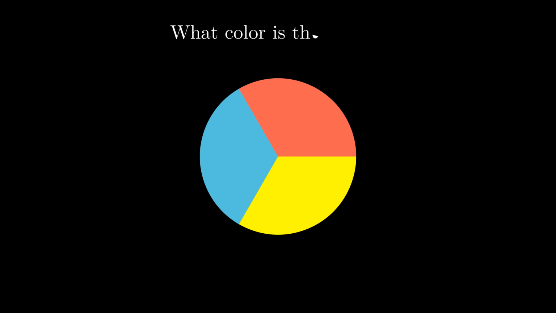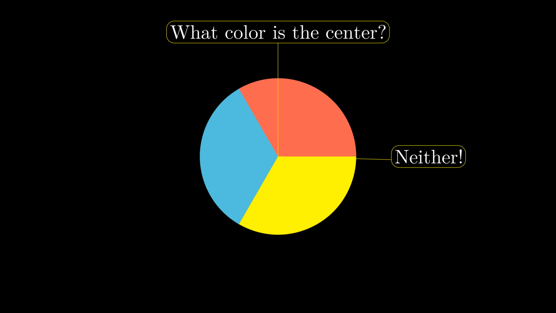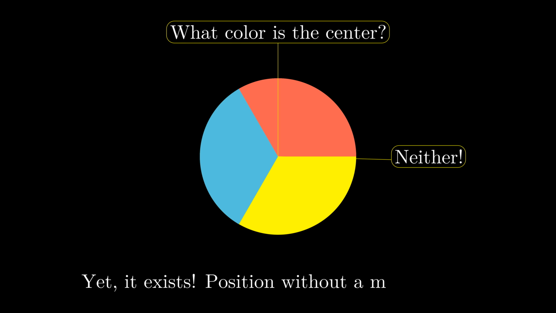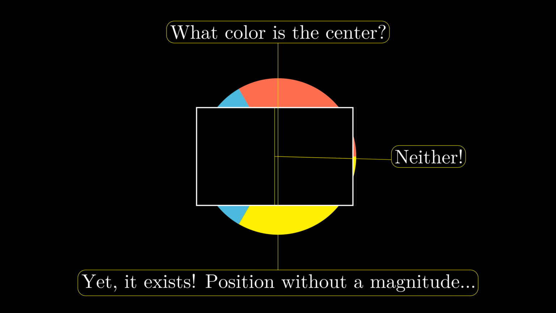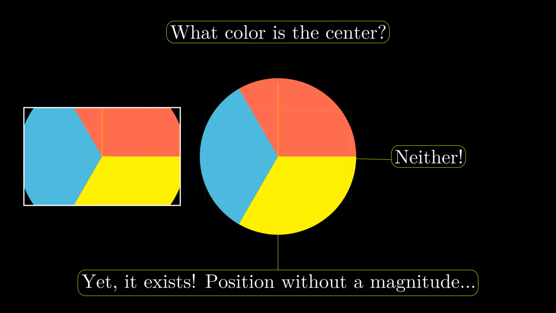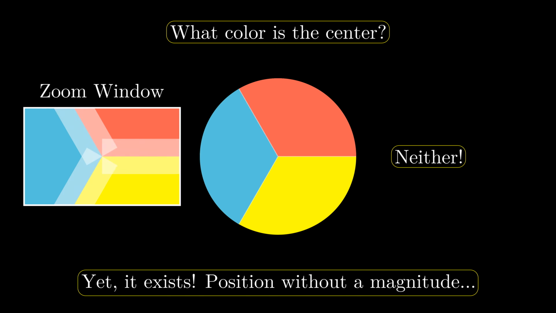The exact spot where they converge isn't blue, it isn't yellow, and it isn't red. It occupies no area of the paper itself. If it did, it would belong to one of the colors. Yet, this junction exists. It has a definite position, but no magnitude. So, with a little thought, this meeting of 3 colors gives you a perfect idea of a mathematical point.